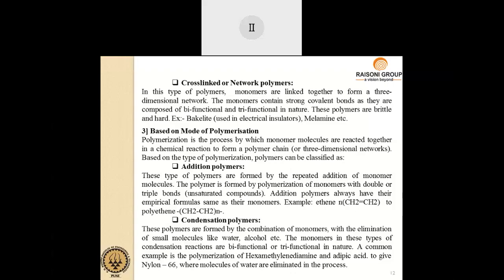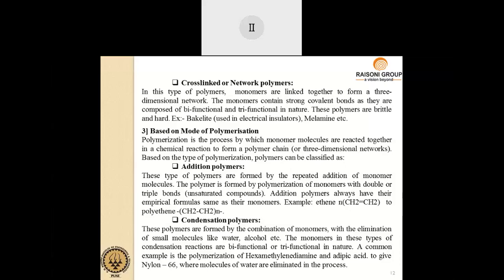Then again, polymers can be classified based on polymerization, meaning the process through which different monomers react together in a chemical reaction and form the polymer chain. Based on that there are different subtypes. One is addition polymers.